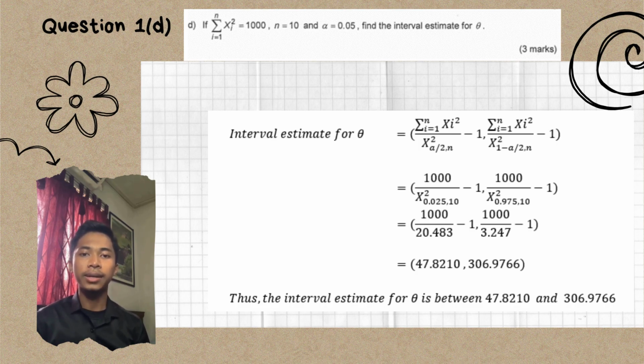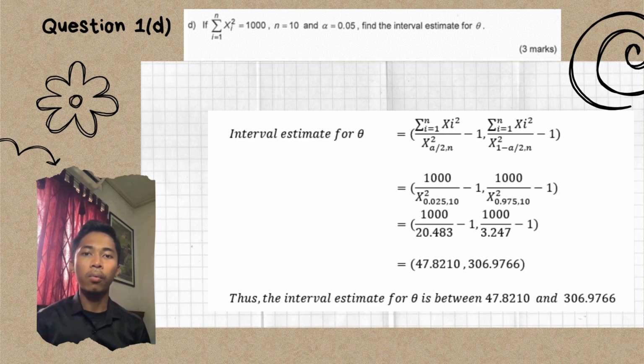By referring to the table of chi-square, we will get the value of the chi-square distribution. Chi-square alpha 0.05 is 20.483 and chi-square 0.975 is 3.247.